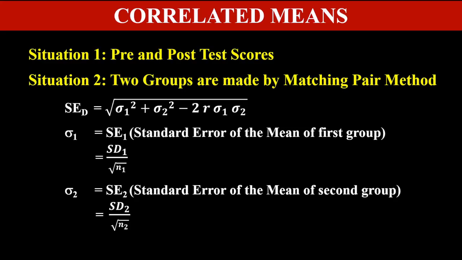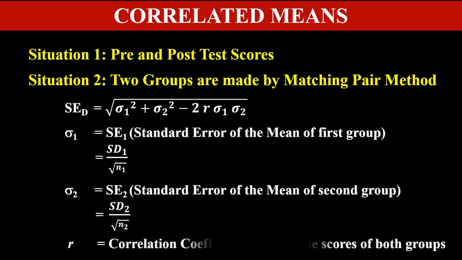Remember, friends, that both the groups have an equal number of observations in these two situations. And the last one is r, the correlation coefficient between the scores of both groups.